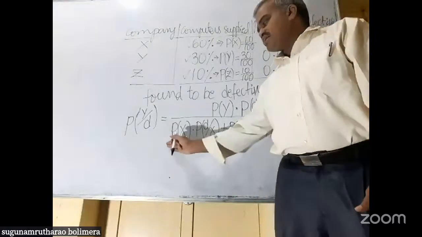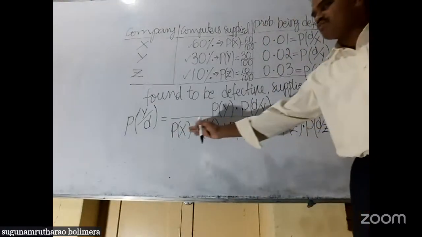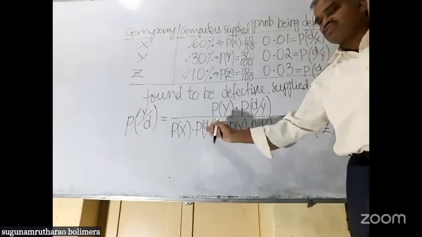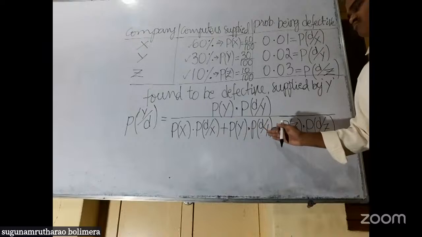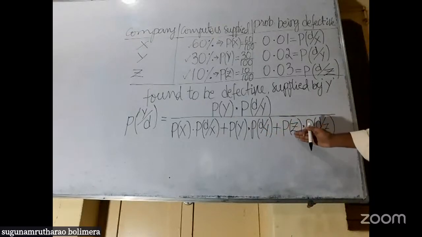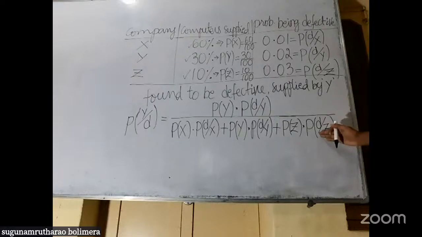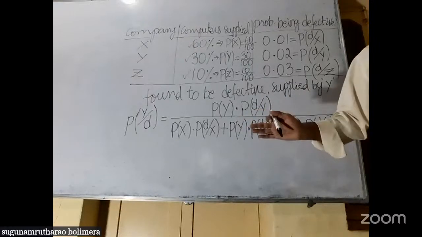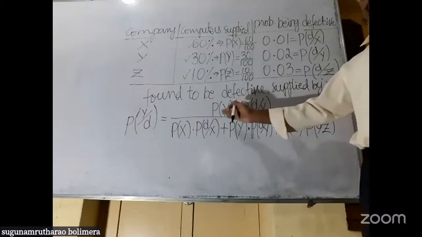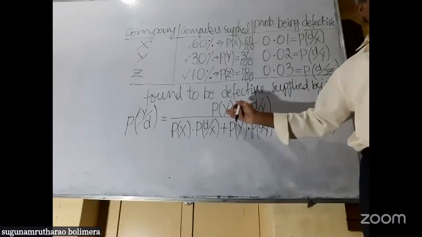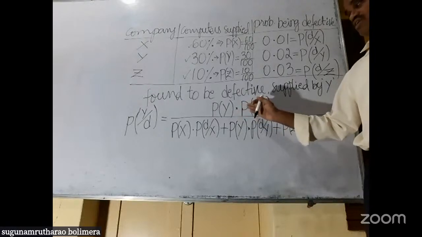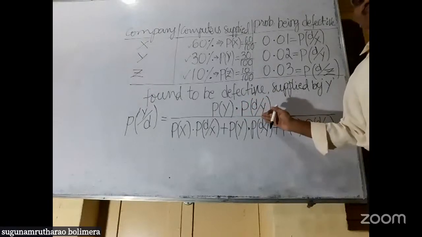The exhaustive events are: it may be from X and defective from X, or from Y and defective from Y, or from Z and defective from Z. Favorable is that it must be supplied by Y and defective from Y.